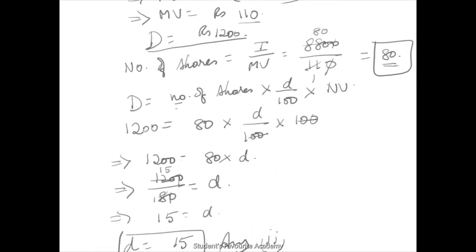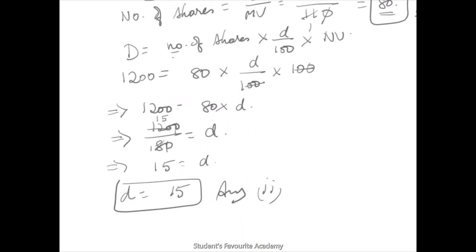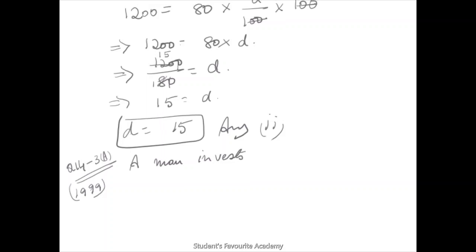So this is question 14 of exercise 3A, and this is also a board question, 1999. A man invests rupees 1680.